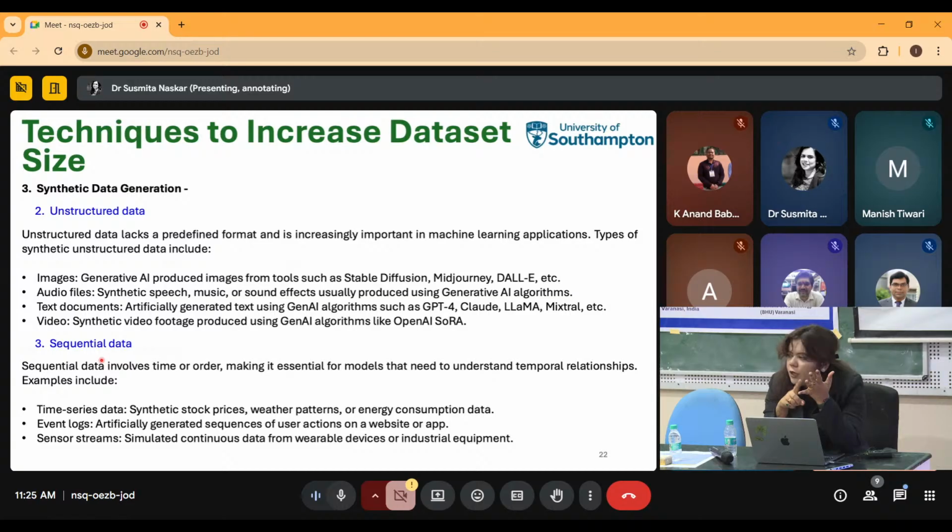So when we are talking about synthetic data, that means we are mimicking or generating new data which may or may not have some relevance to the practical data, right? So there we have structured, unstructured as well as sequential data. Now as an engineer, you may have some missing data. I am not saying that it can be an image, I am not saying that it can be column-wise.